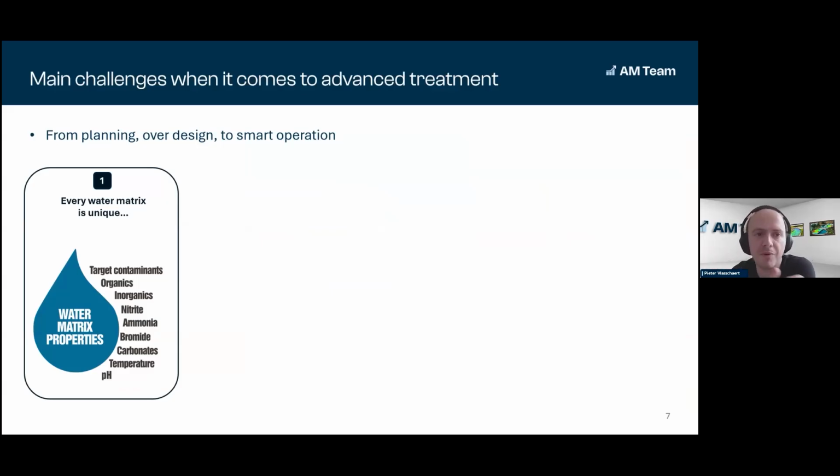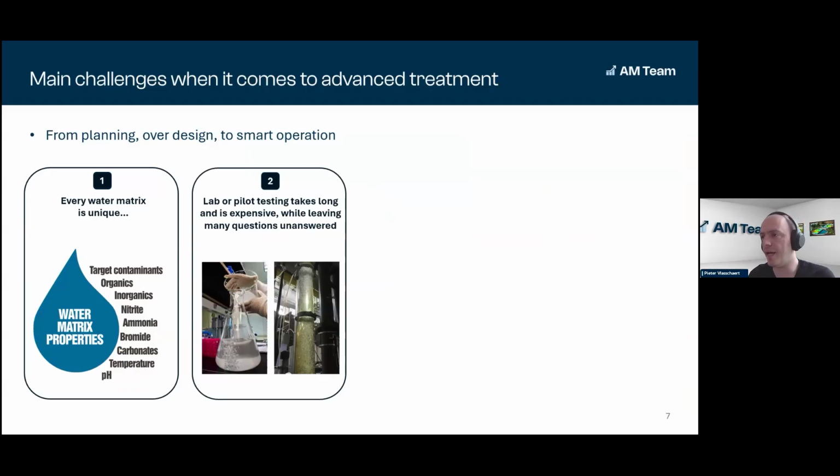Every effluent from a wastewater treatment plant is different. It's all about the organics, the inorganics, the ammonia, the temperature, pH, so many different variables that will determine how you will need to design your ozone, how high your bromate can be, and all these kind of things. So that makes it hard to just extrapolate from one plant to another plant.